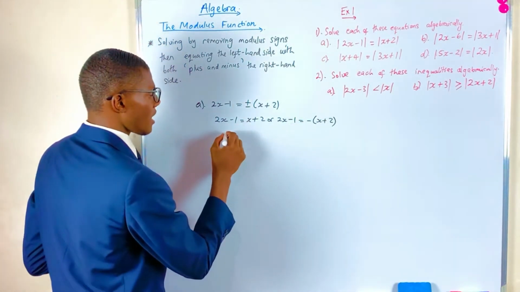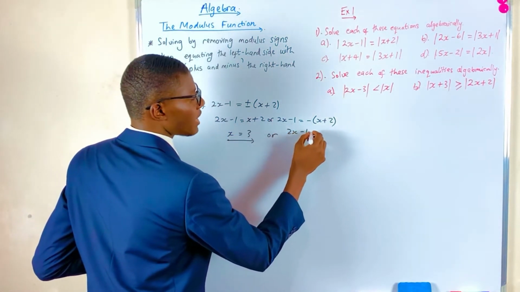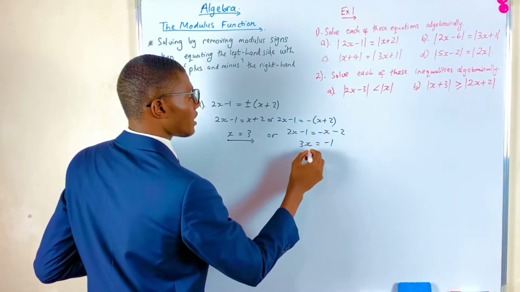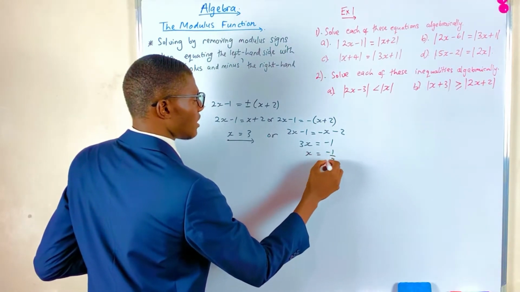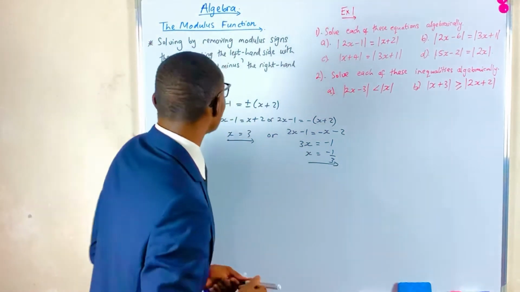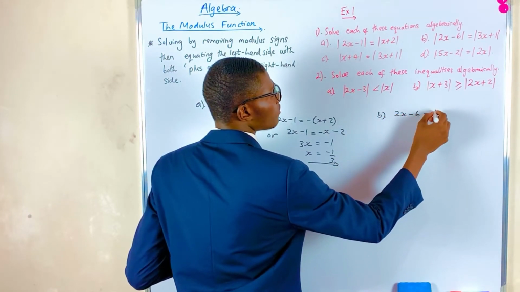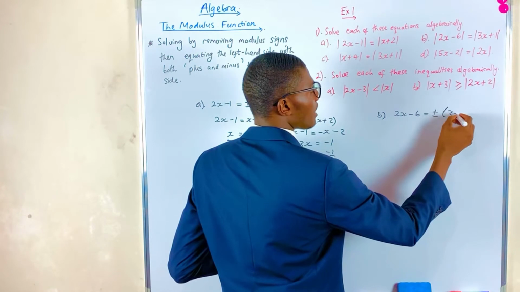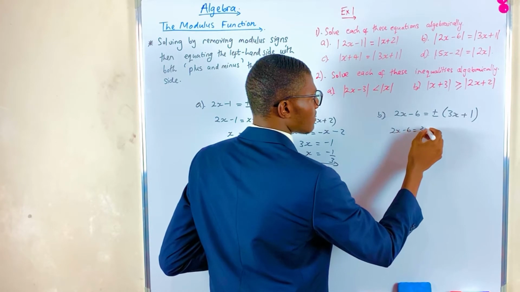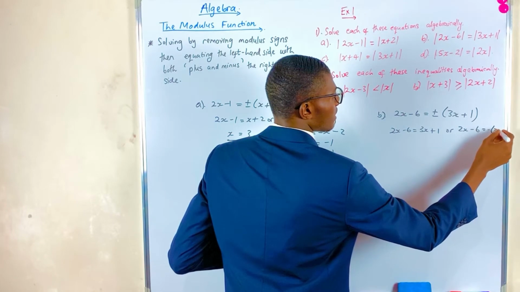So here we're saying x is equal to 3, or 2x minus 1 is equal to minus x minus 2. Then 3x is equal to minus 1, and x will be equal to minus a third. So either x is equal to 3 or x is equal to minus a third. And then for part B, we're saying that 2x minus 6 is equal to plus or minus 3x plus 1, such that 2x minus 6 is equal to 3x plus 1, or 2x minus 6 is equal to minus 3x plus 1.